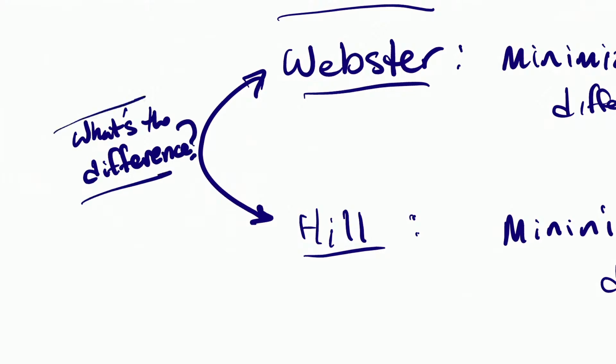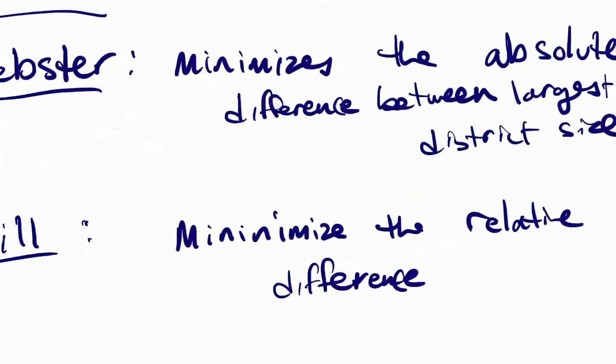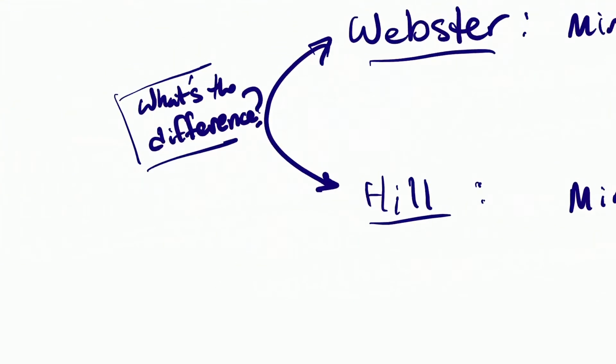This is a big question: what's the big difference between these two? It seems like they're almost the same. In particular, if you come up with a better way of doing Hill-Huntington and Webster, then I will use your method, or I might have to rely on my own method, which is kind of painful and clunky. But I want to come up with an apportionment of, say, 5 states where Webster and Hill give different apportionments.